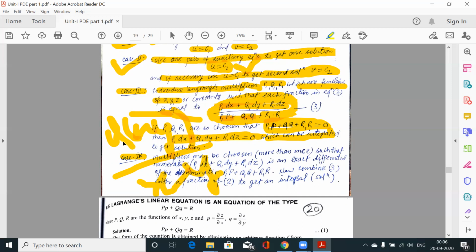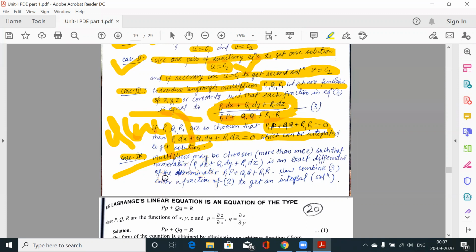The integration of d of xy over xy, with differentiation with respect to xy and denominator xy, is like dx over x, whose integration is log x. So the integration is log of xy. We can let xy equal theta, so this is d theta over theta, and the integration is log theta.